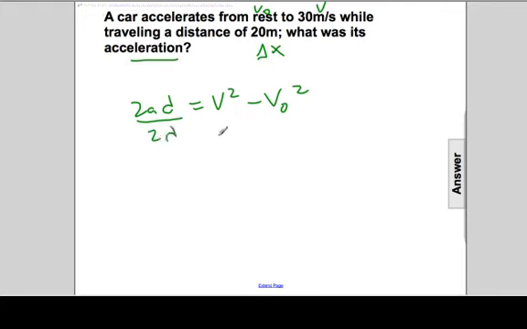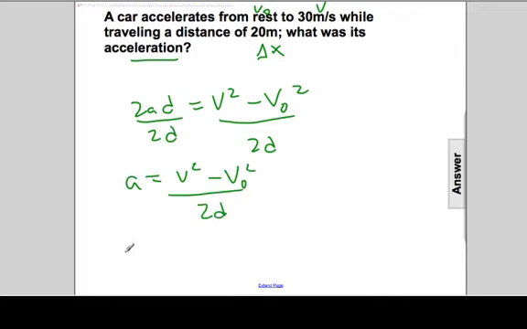Dividing through by 2d will give us acceleration. Acceleration will be equal to, again, v squared minus vi squared, divided by 2 times d, subbing in the numbers. V squared is 30 meters per second.